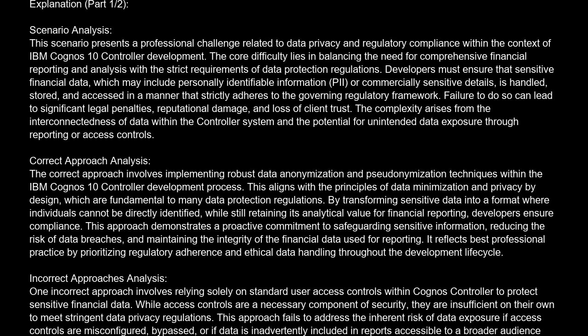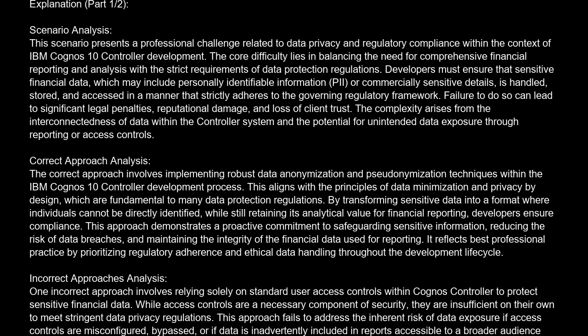Explanation. Scenario analysis. This scenario presents a professional challenge related to data privacy and regulatory compliance within the context of IBM Cognos 10 Controller development. The core difficulty lies in balancing the need for comprehensive financial reporting and analysis with the strict requirements of data protection regulations.